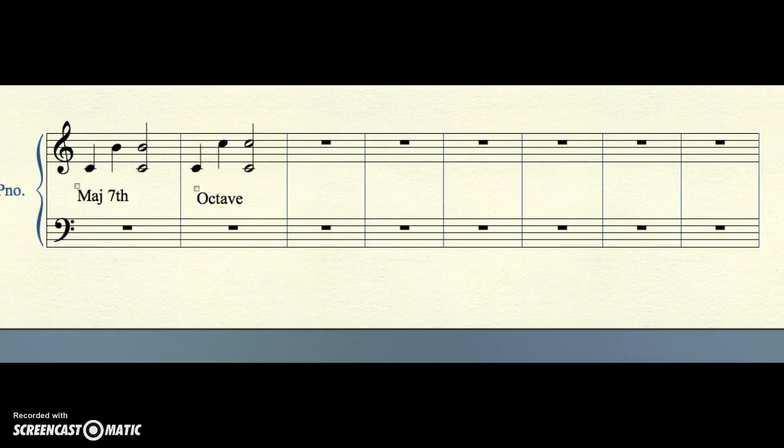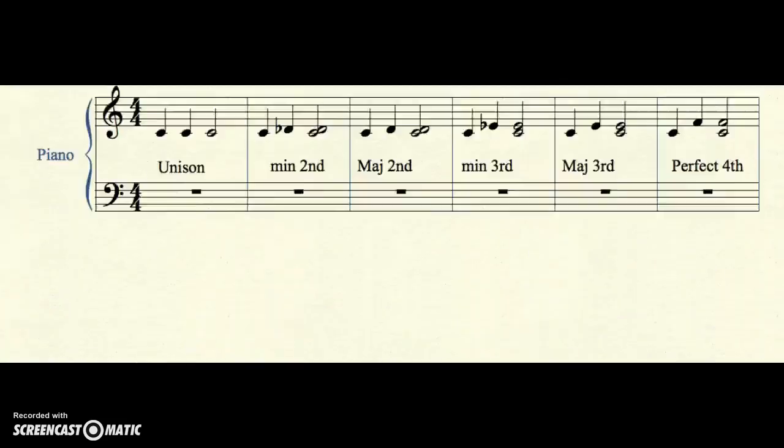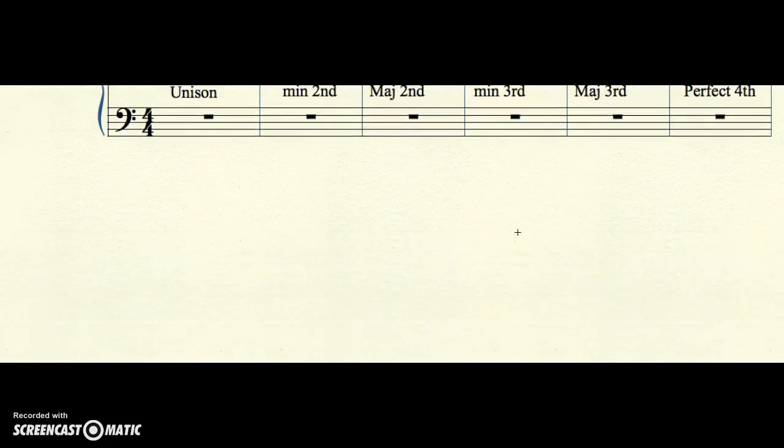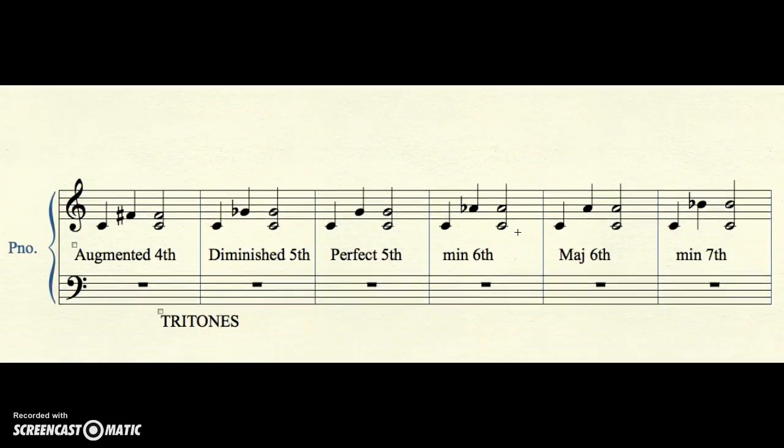Okay, so let's review one more time. We have the unison, which is consonant, minor second and major second right here, and these two intervals are dissonant. Major third and minor third, these two are consonant. Perfect fourth is consonant.